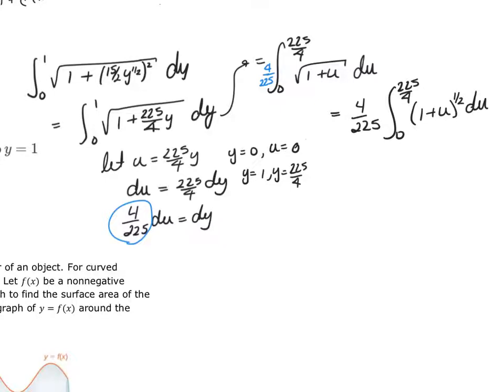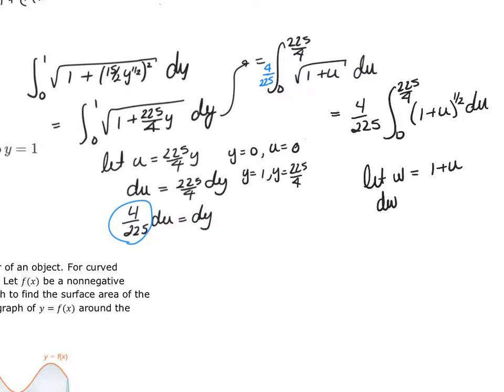Or you can see that when I integrate 1 plus u to the 1/2, I must have started out with 1 plus u raised to the 3/2, and that means I need to adjust for the multiplier. Or I can do u substitution again, and if I want to do u substitution, then I'm going to let w equal 1 plus u.